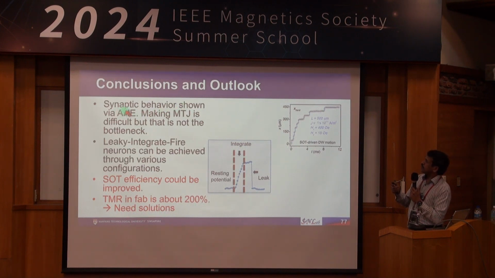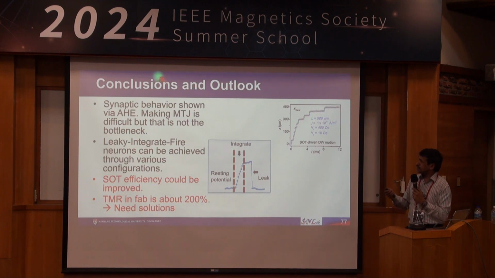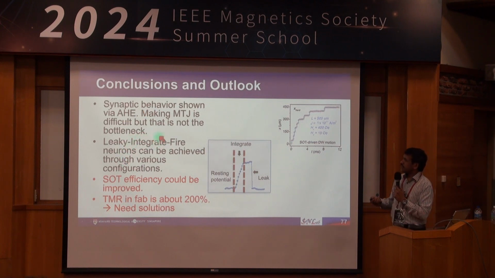In our case, we have demonstrated it using the anomalous Hall effect. We can also make a magnetic tunnel junction and demonstrate multiple resistance states. It's not a bottleneck, but it's very difficult for a laboratory to do this, so we are working on that. Similarly, we can demonstrate leaky, integrate, and fire functions of neurons through various configurations.